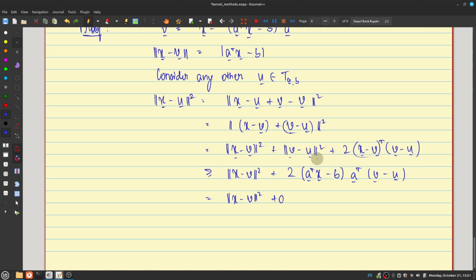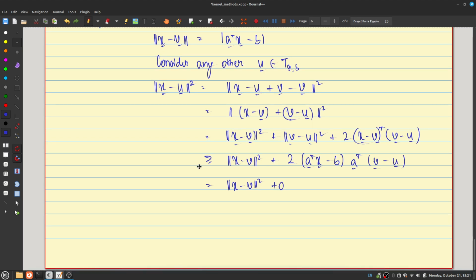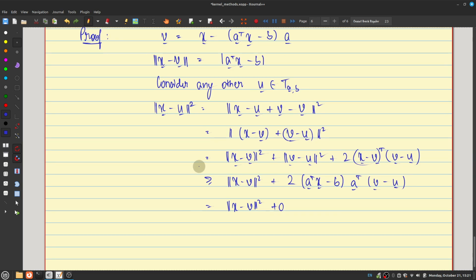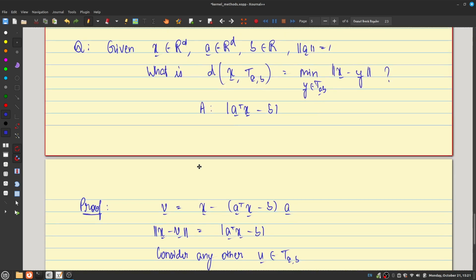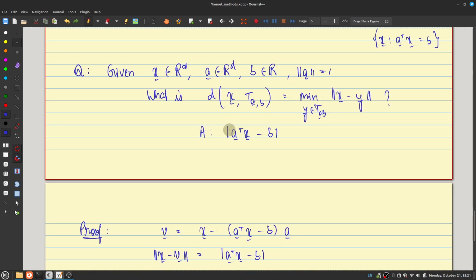In fact, if U is not equal to V, then this would be strictly greater than 0. So I do have a strict inequality. Right. So this means that the minimum distance between x and the hyperplane is equal to the absolute value of A transpose x minus b. All right. Okay, that's fine.